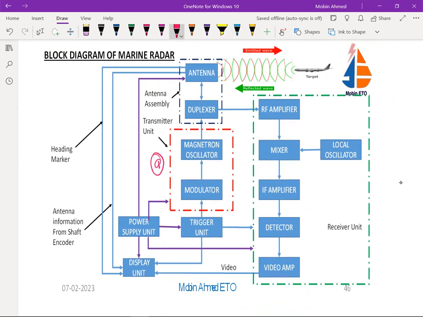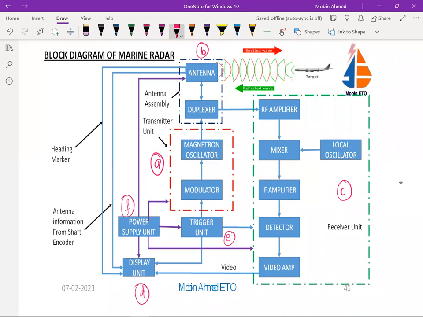There is the antenna assembly, that means antenna and the duplexer. This is C, that is the receiver unit. Then there is a display unit, trigger unit, that is a synchronizing unit, that is E, and there is F, the power unit. So A, B, C, D, E, F. Trigger unit is also known as a synchronizing unit. Okay.